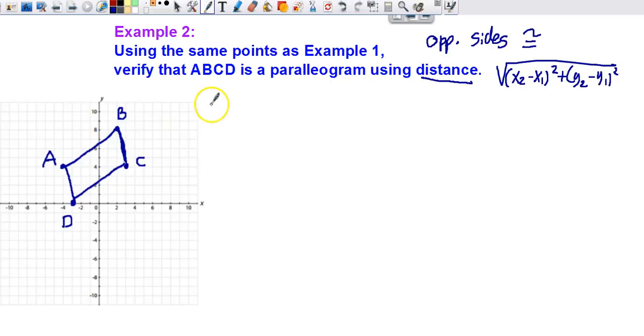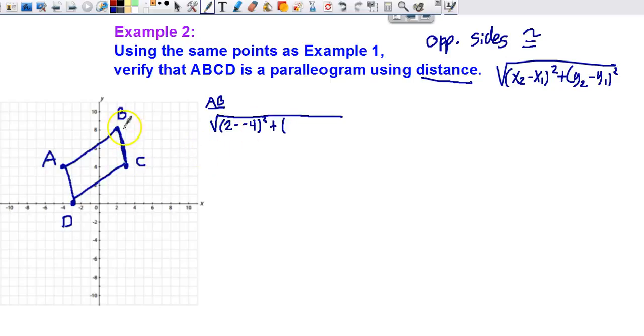I'm going to again list the same segments out. AB. I don't have the coordinate written, but if I remember correctly, looking at A and B, my x's are 2 and negative 4, so that's going to be 2 minus negative 4 squared.